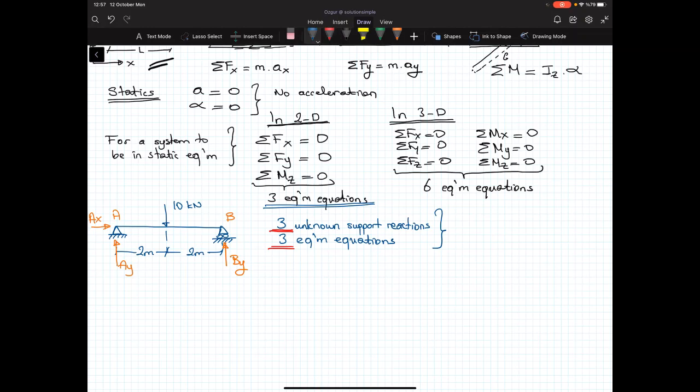So our conclusion is we can determine all support reactions and internal member forces using equilibrium equations.